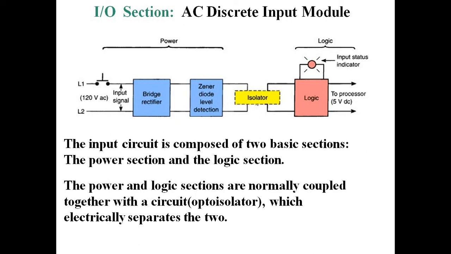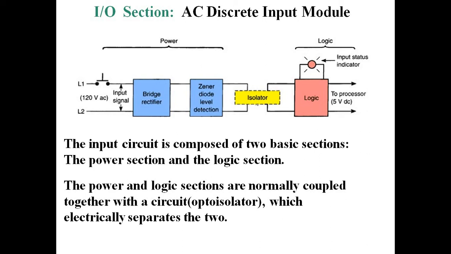So the input goes to the isolator circuit and to the processor logic functions, and then the lamp glows as the input status indicator. The processor gets a 5 volt DC output. Here the Zener diode gives a constant output voltage to the input of the isolator and to the logic functions, and also indicates the glow of the bulb lamp input status indicators.